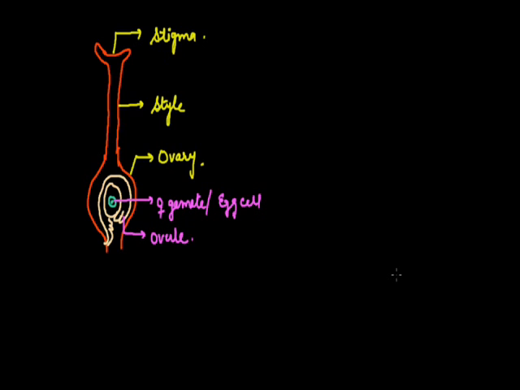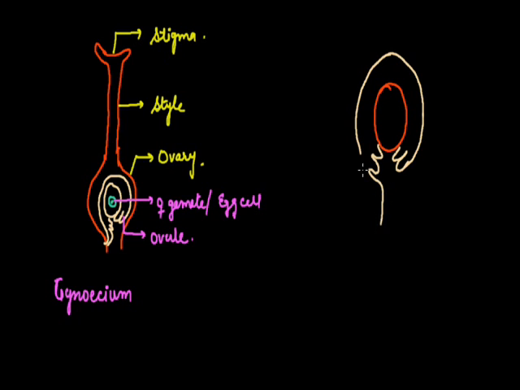Now I am going to draw the diagram of the ovule so that every step can be easily understood. Usually it's an oval shaped structure. This is the structure of an ovule.